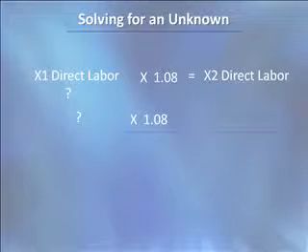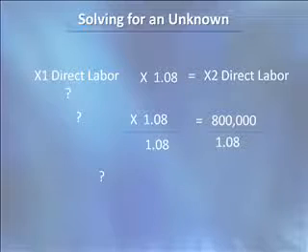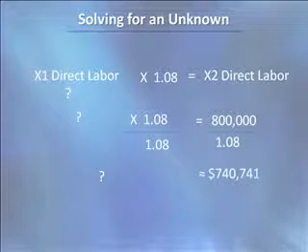The unknown times 1.08 equals 800,000. Now we can divide both sides of the equal sign by 1.08. When we do this, our X1 direct labor, the unknown, approximately equals $740,741. We've rounded it to the nearest whole dollar.